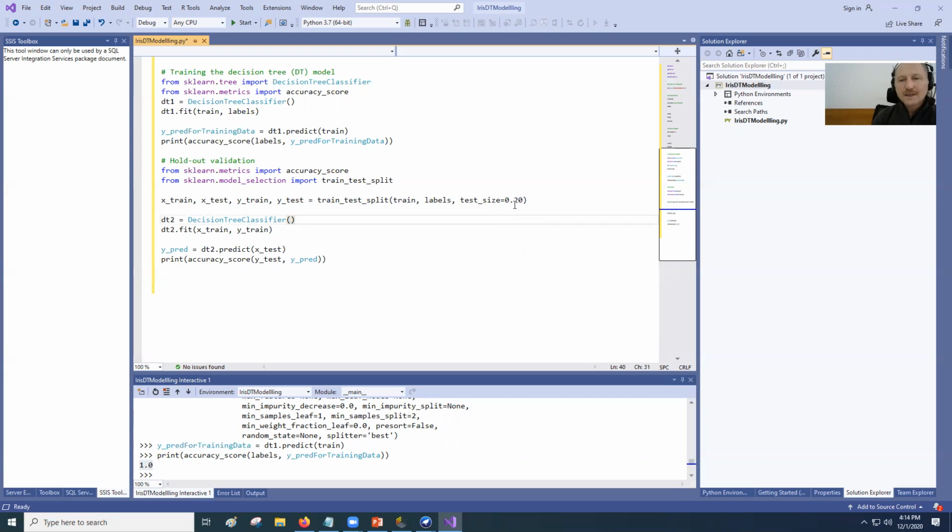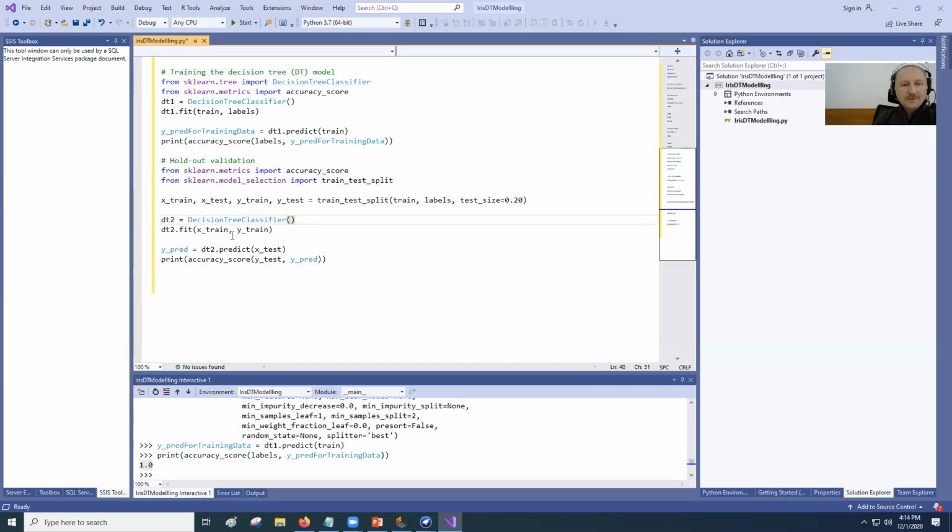Then I want to divide them, with 20% for testing. 80% of the full data set will be used for training, 20% for testing, and it randomly selects 80% for train. 80% of the data will go to this variable. 20% of my data will go to this variable.